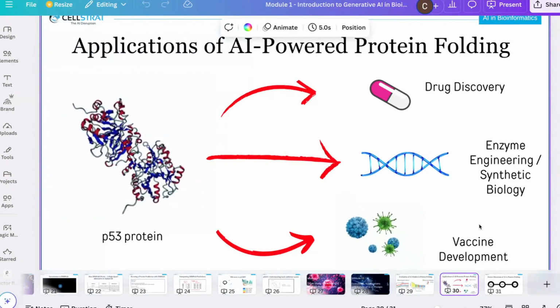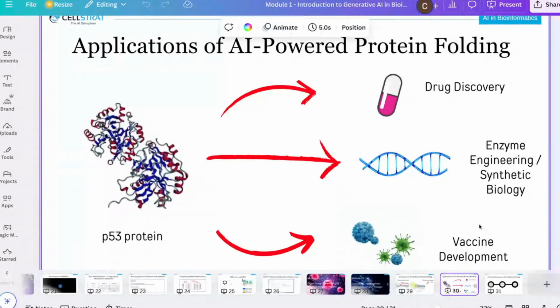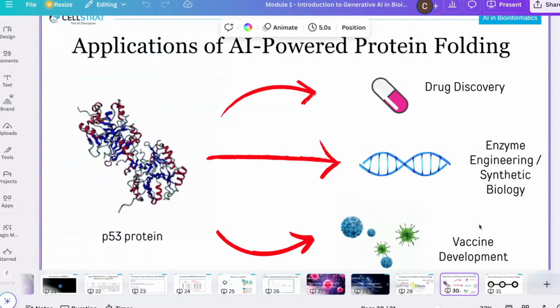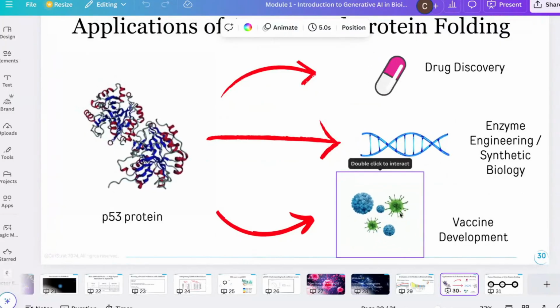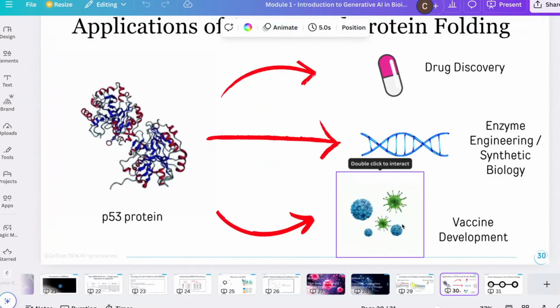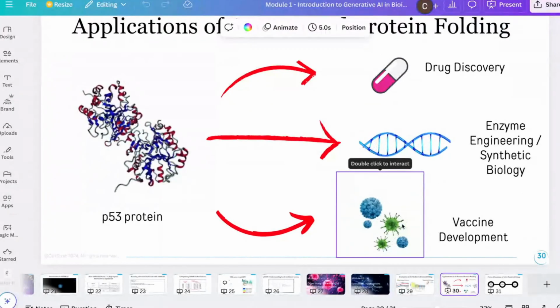I'll give you an example. COVID-19 happened, right? mRNA COVID-19 vaccines leverage spike proteins. In this GIF, you can see the green ones are those spike proteins. The mRNA COVID vaccines leveraged the spike protein structure to design the immunogenic region.